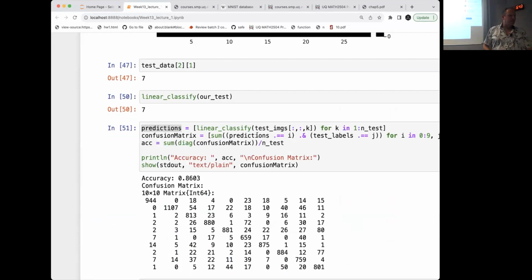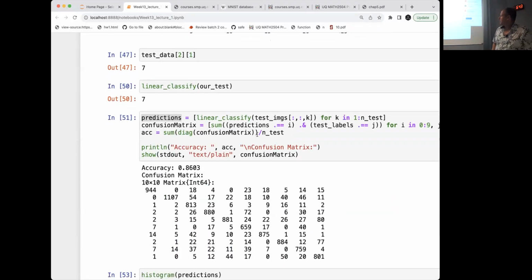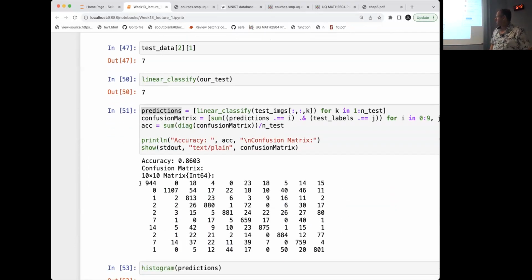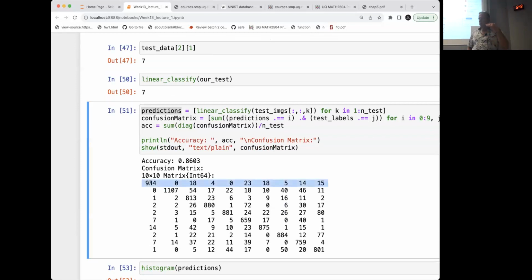Now I can do something called a confusion matrix. Let's look first at the output. Each row, the first row, are the observations that were supposed to be predicted as zero. The column is what they were predicted as. The confusion matrix captures confusion.